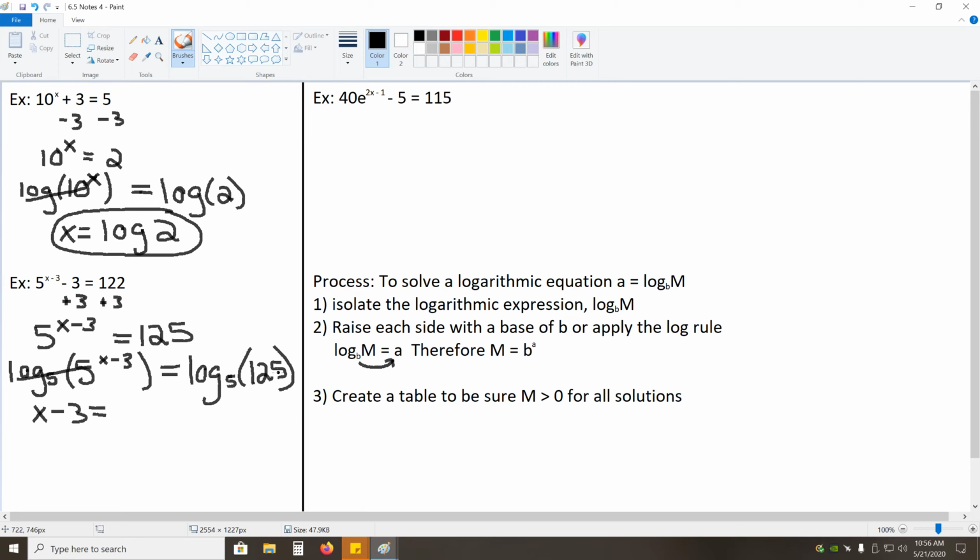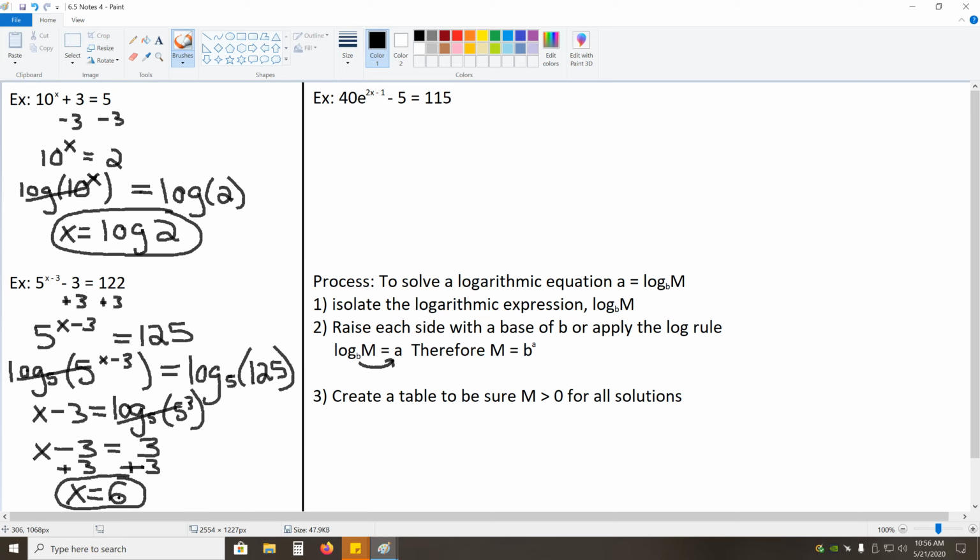Well, log base 5 of 125, we can rewrite as log base 5 of 5 to the third power. And now again, log base 5 of 5 will cancel out, leaving us with just 3. So x minus 3 equals 3. And adding 3 to each side of the equation, we get x equals 6.